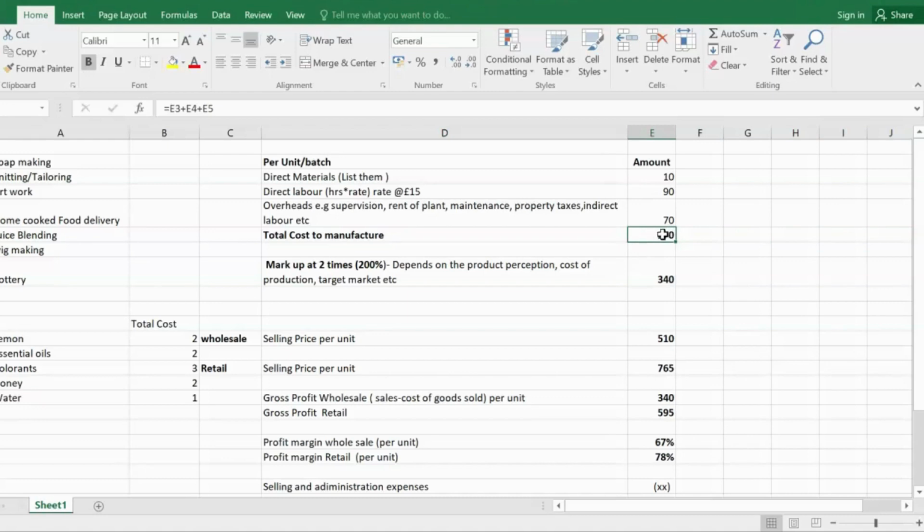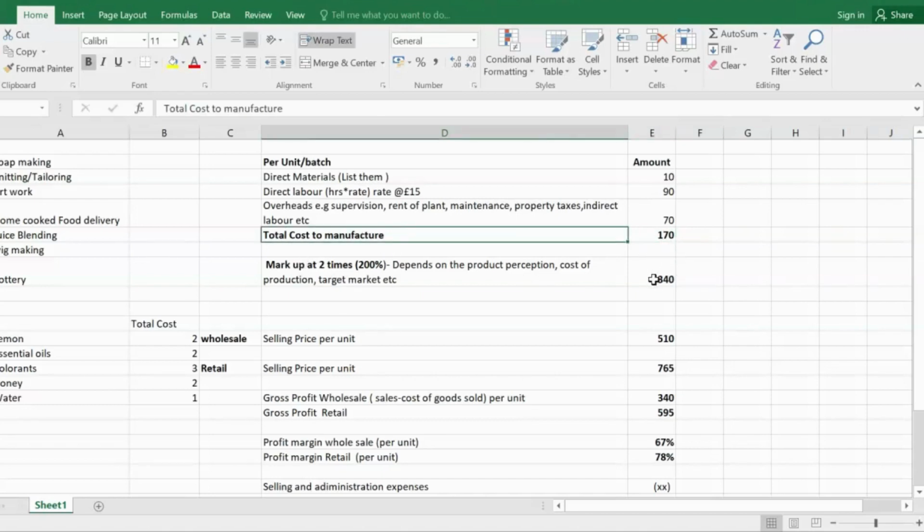So for you to determine the price using the markup, I will set a rule of thumb at 2 times your cost, which is 200% of this. So you're going to add the markup to the cost.